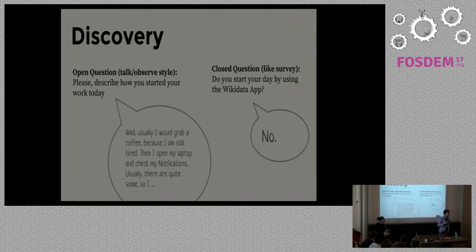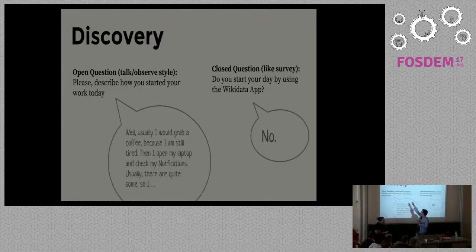Typically what often pops up is, let's do a survey, let's just ask single questions. But those are often so-called closed questions that allow only a small range of answers, like do you do this or that, or would you like that, and then you get a single word answer like no. But what we actually want is to get to know new things that we don't know about yet and be surprised.